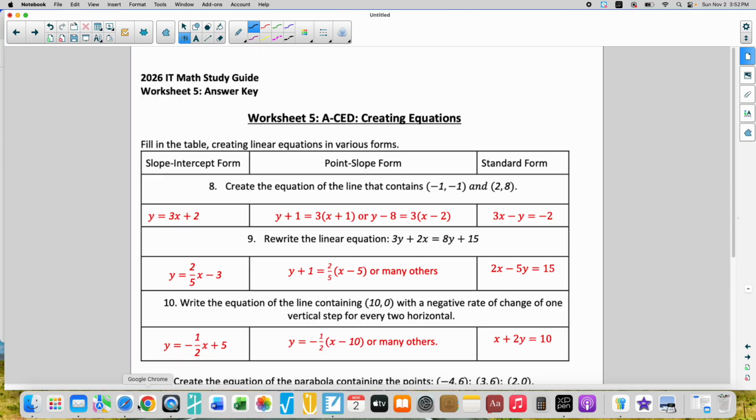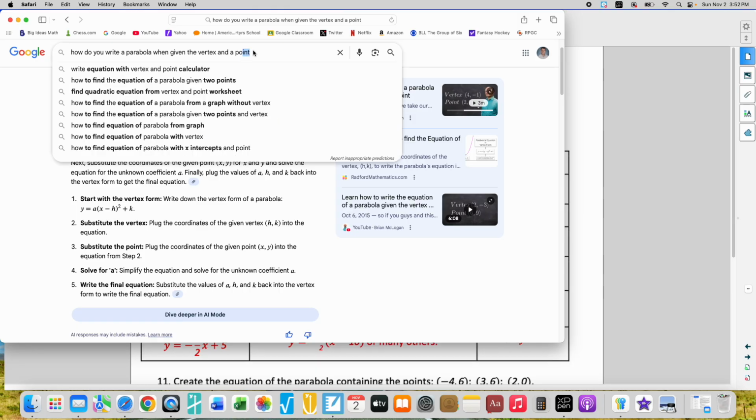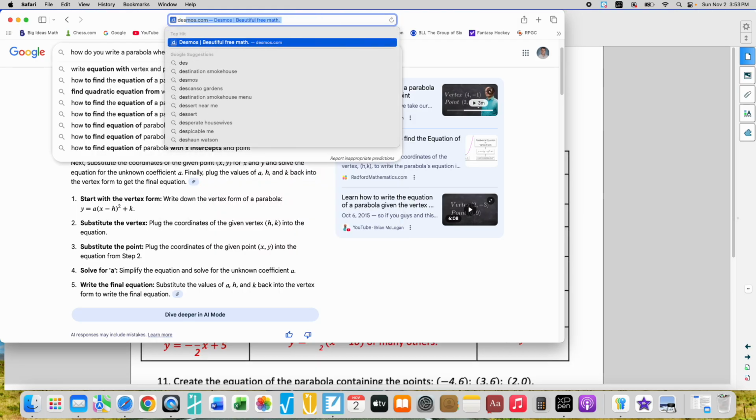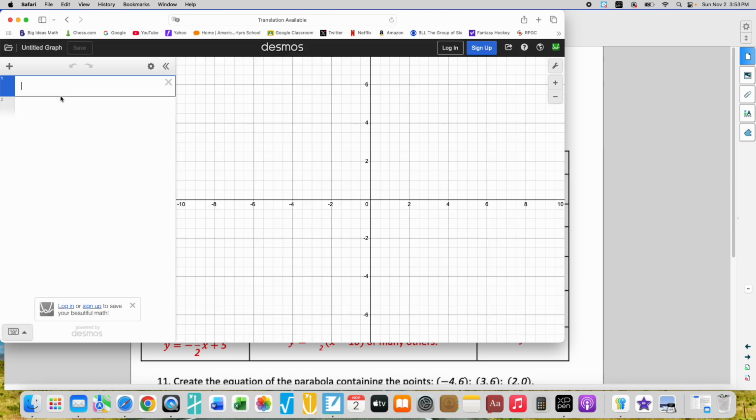Let's go to Desmos. Let's take our original equation, y equals 4 times x minus 3, quantity squared, minus 2. That's our parabola.